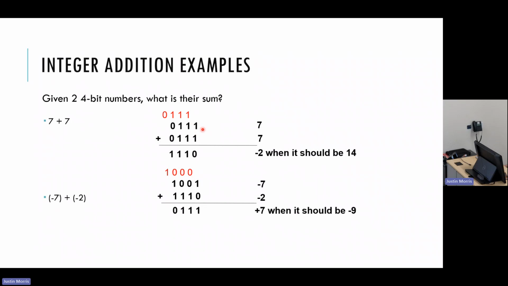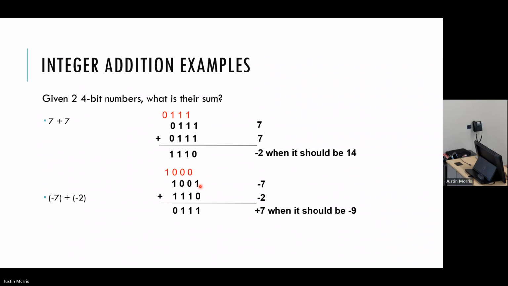So here, if we treat these numbers as signed, 2's complement representation, right? This is still 7, and this is still 7 because of the 0. And this is -7 because of the leading 1. And if we flip all of this, it would be 0, 1, 1, 0.